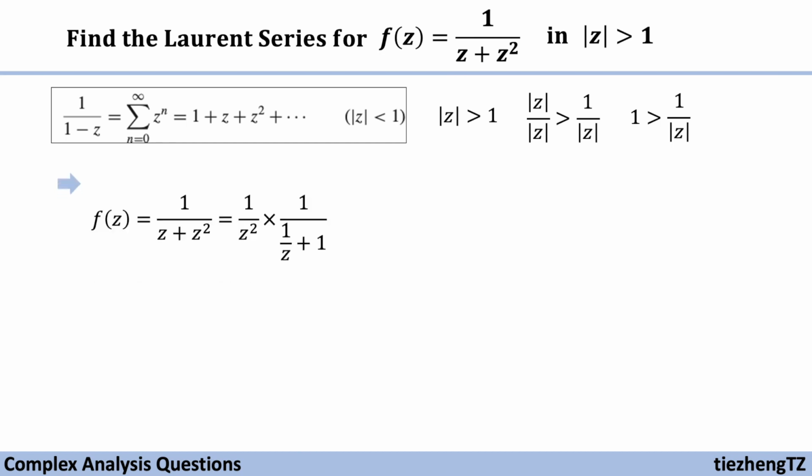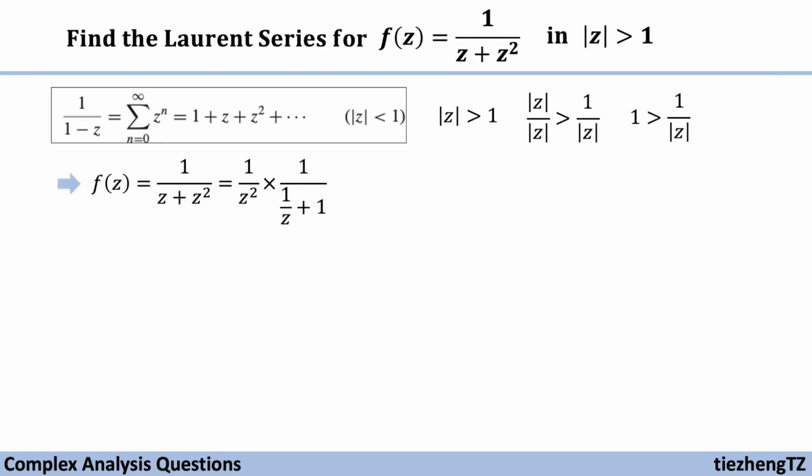So next, let's just do something here. In order to have the 1 minus format in the denominator part, let's change the original function into 1 over z squared times 1 over 1 plus 1 over z.